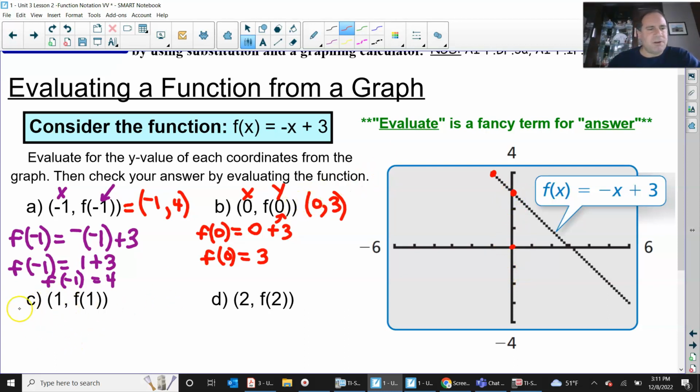Going down to this one, this is my x, the 1, and we want to find out what the y is for f of 1. When the x is 1, what's the y? This is what they're asking. So we're going to substitute the 1 in as -1 plus 3.